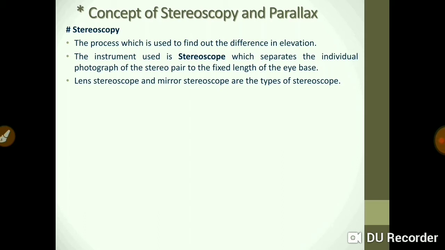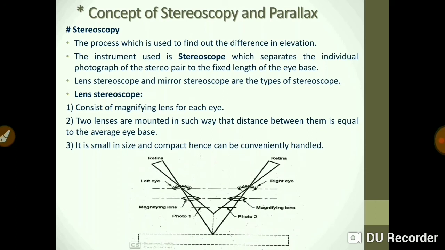In that diagram you can understand how we can separate the individual photographs of the stereo pair by the fixed length of the eye base. Okay, so lens stereoscope and mirror stereoscope are the types of stereoscope. Mainly there are various types of stereoscope, but we are going to study these two main types, that is the lens stereoscope and the mirror stereoscope. So let us start with the lens stereoscope.